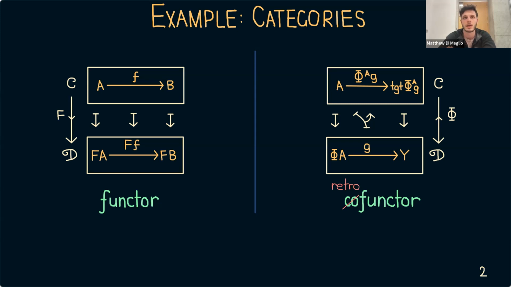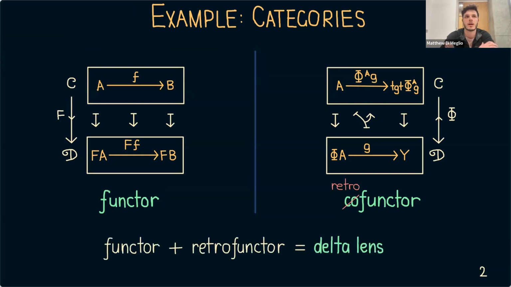Since we're using this retro prefix more generally for this flavor of lifting morphism, I'm trying out the name retrofunctor, and I'm interested to hear people's thoughts on whether it's a better name than cofunctor for this particular concept. But anyway, in this talk, I'm going to refer to these things as retrofunctors.